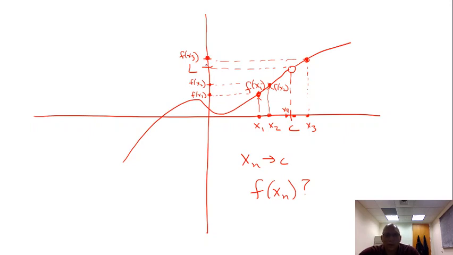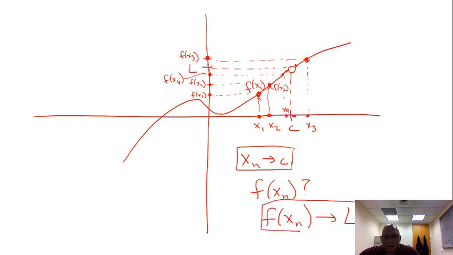The claim is that if I consider all of these x's, and they're getting very close to c, then I'd better hope eventually all of the y values get close to L. In this picture, we see that x4, x5, x6, getting closer and closer to c, results in more points getting closer and closer to L. So indeed in this picture, f of xn converges to L. This condition of xn converging to c guarantees that f of xn converges to L.